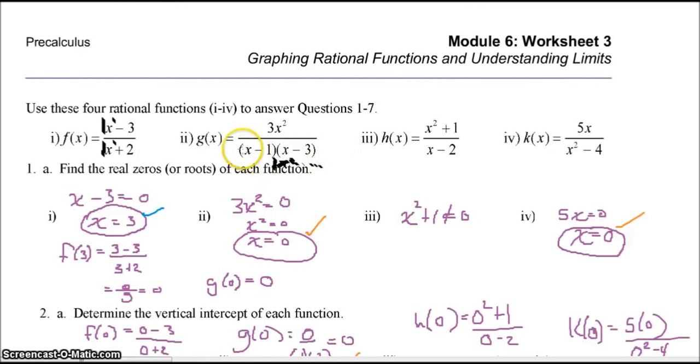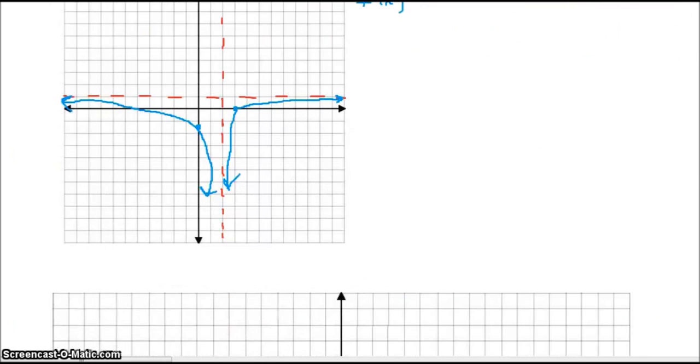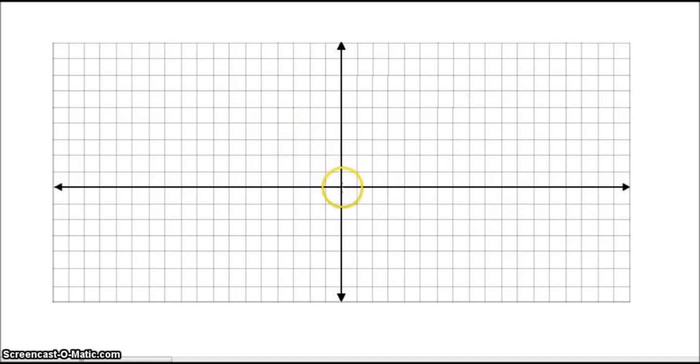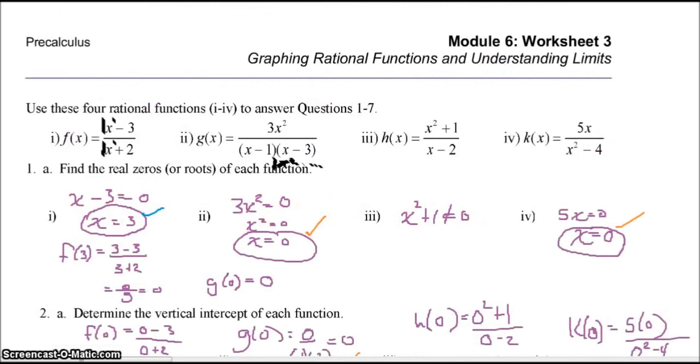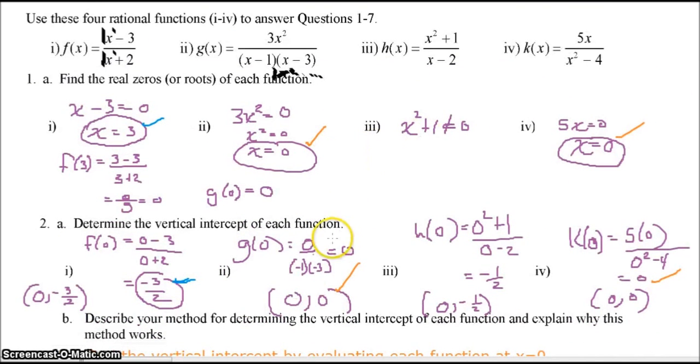Let's think about graphing g. We know that the x-intercept is 0, so our function is going to cross the x-axis at the origin. The vertical intercept is 0.